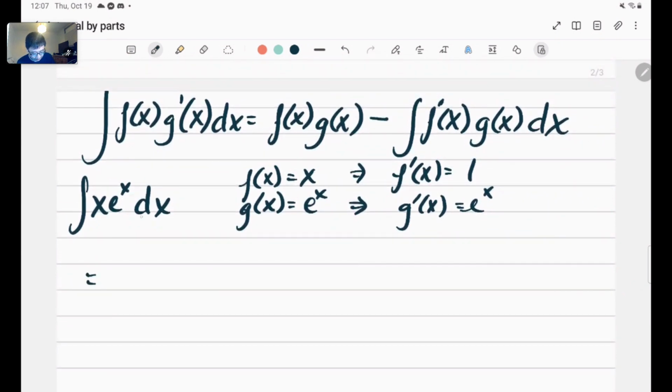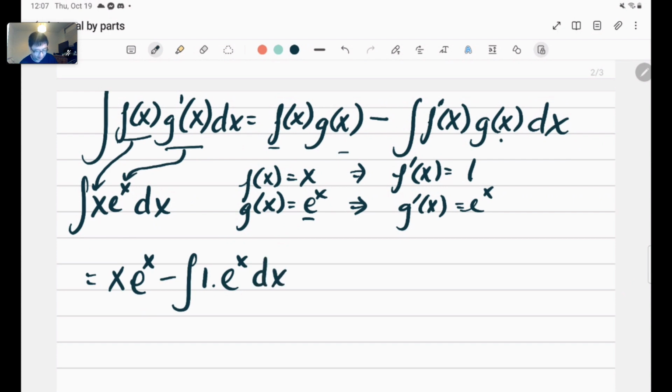All right, so with all we know, let's plug into the formula. I chose f of x to be x and g prime of x to be e to the power of x, and I've just followed the formula. That is equal to f times g, so x times e to the power of x, minus the integration of f prime, which is 1, times g, which is e to the power of x, dx. One times anything is just equal to itself.